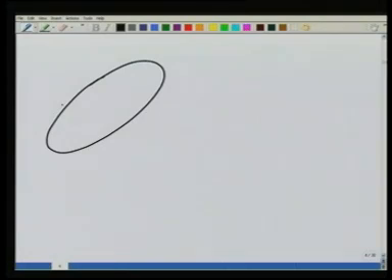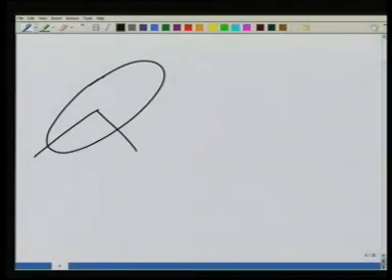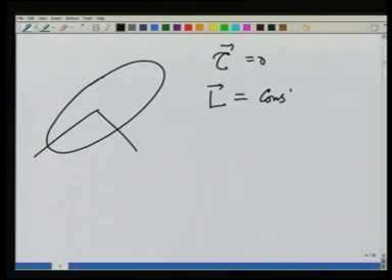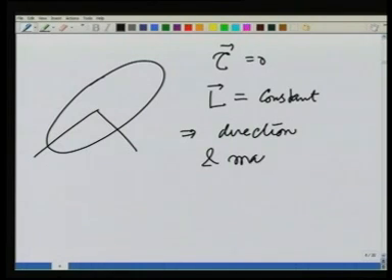Let us now look at the motion in a slightly different way as to how the disk rotates in space. What I have shown you is that this disk is given a spin and it can also rotate about the axis in the plane parallel to the disk. Since it is torque free motion, the angular momentum L is a constant, and this means the direction and magnitude of L are constant.